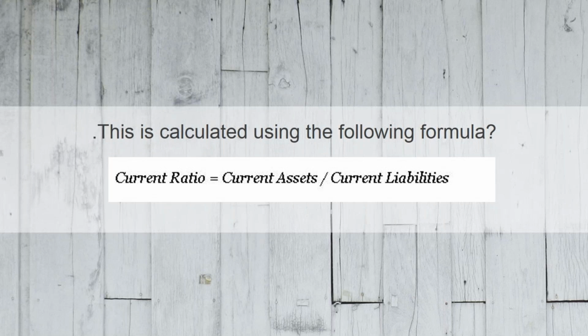So this is calculated using the following formula: current ratio equals current assets divided by current liabilities.